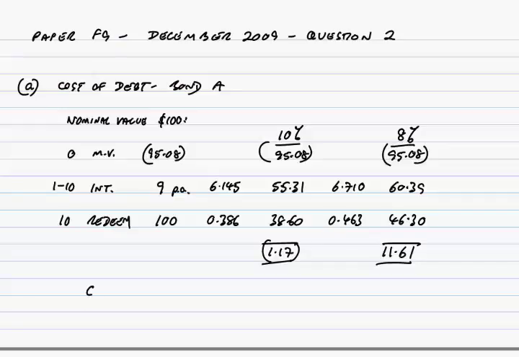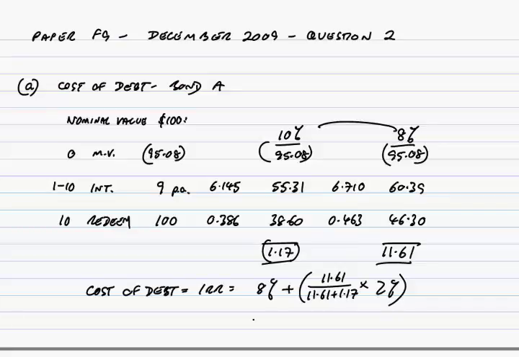And so the cost of debt is the internal rate of return. We know it's more than 8%, assuming it's linear, 11.61 over 11.61 plus 1.17 times the difference between the two of 2%, which gives me an internal rate of return of 9.82%.